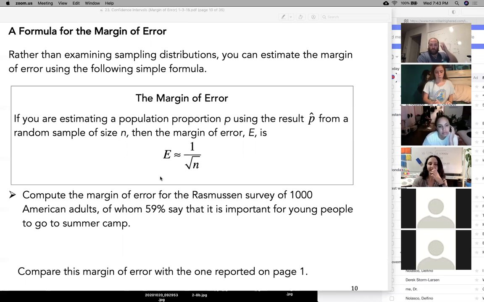Let's see if this is true based upon the first survey that we did, which was the Rasmussen survey of 1,000 American adults. We got a value of 59% as a center, and we said plus or minus 3%, correct? Does the plus or minus 3% jive with what we have here?